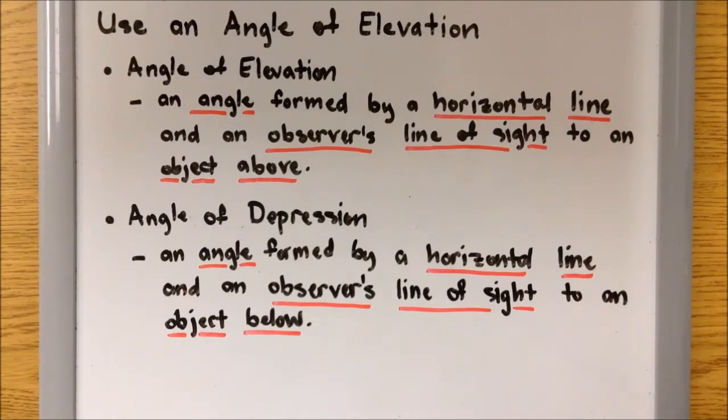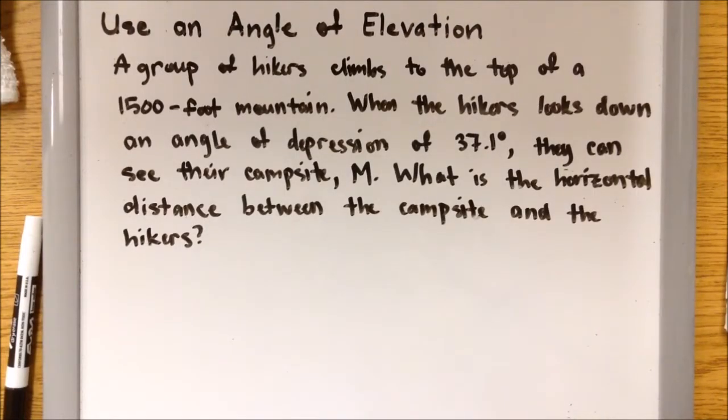So what we're going to be doing is an example of angle of elevation and angle of depression using what we did in trig functions, trig ratios, finding missing side length, and finding missing angle. For our first example, we have a word problem.